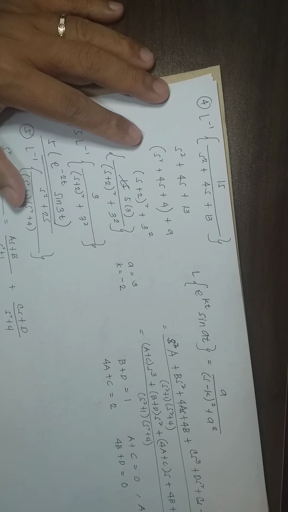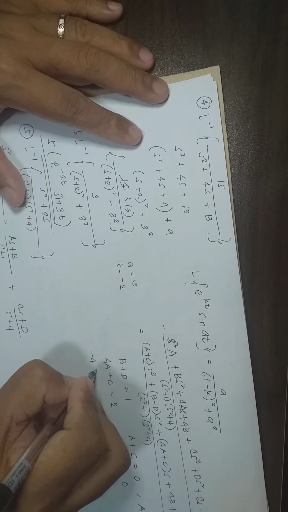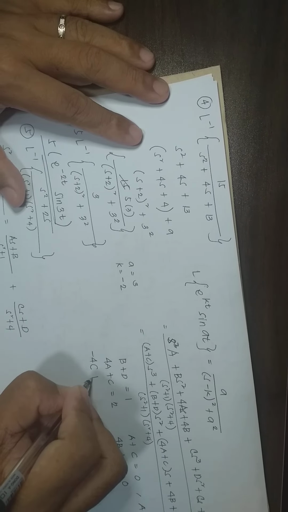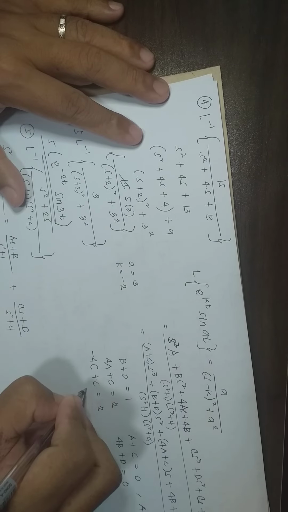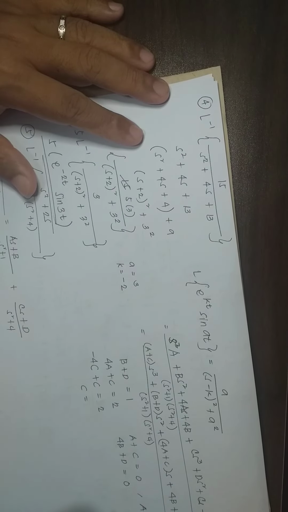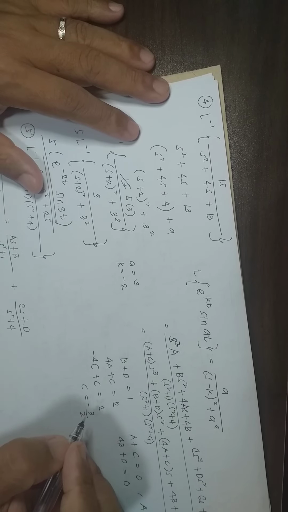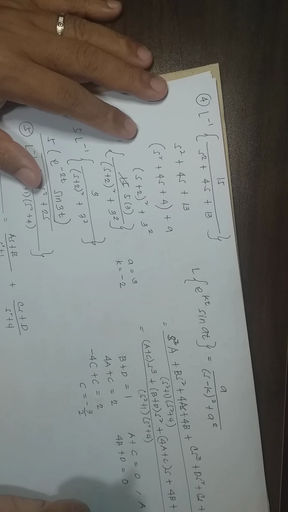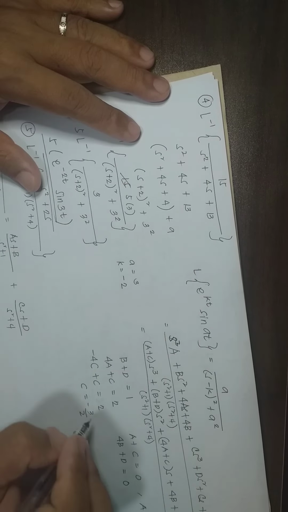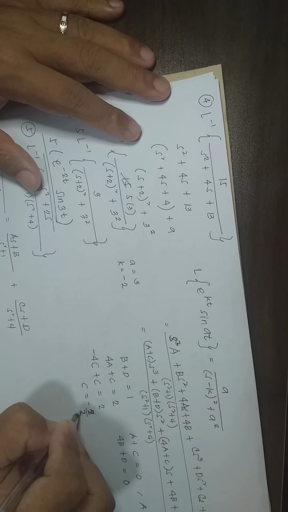If a is equal to negative c, this must be 4c plus c is equal to 2. Your c must be equal to negative 3 over 2. Wrong, 2 over 3.